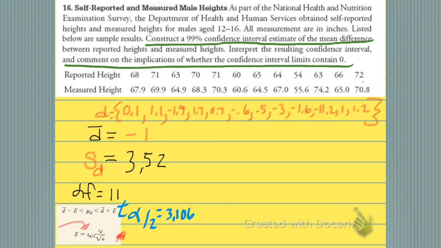We looked it up on the chart with our alpha over 2 being 0.01 divided by 2, so we looked up 0.05 in our chart to get our T value. So now we're plugging them all into this formula.